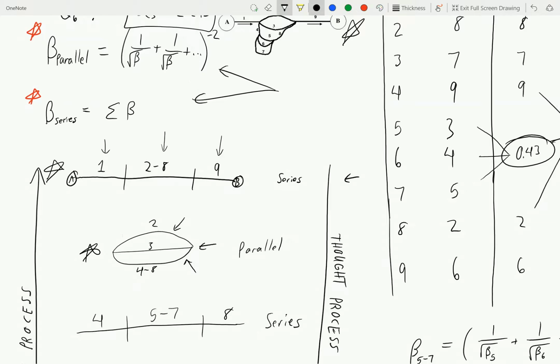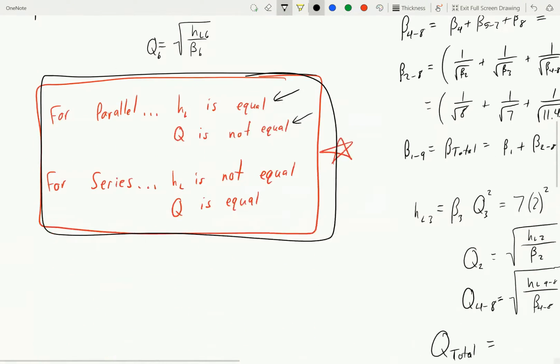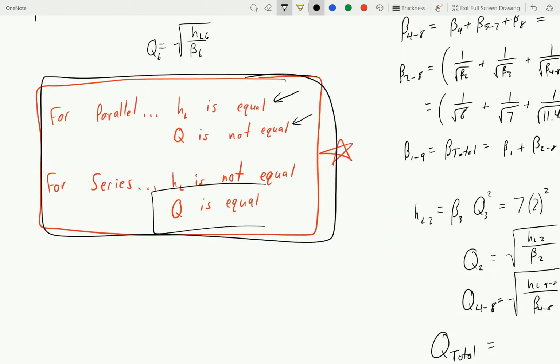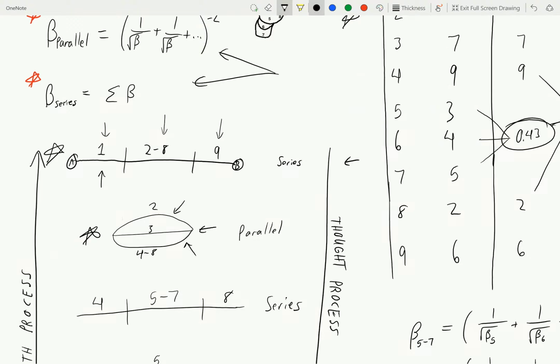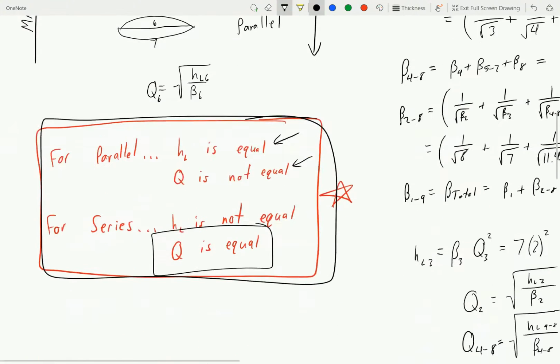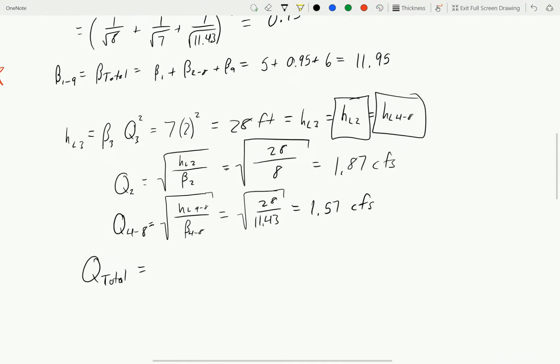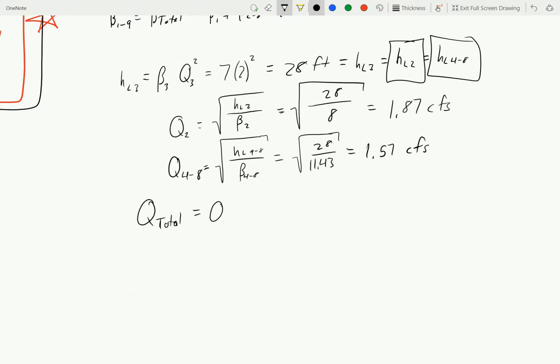If we look at this one, since these are in series, if you'll remember from down here, in series Q is equal. So that means Q of 1 has to equal Q of 2 through 8, which has to equal Q of 9, which equals Q total. So if we write that in this equation, we have Q total equals Q1 equals Q9 equals Q2 through 8.